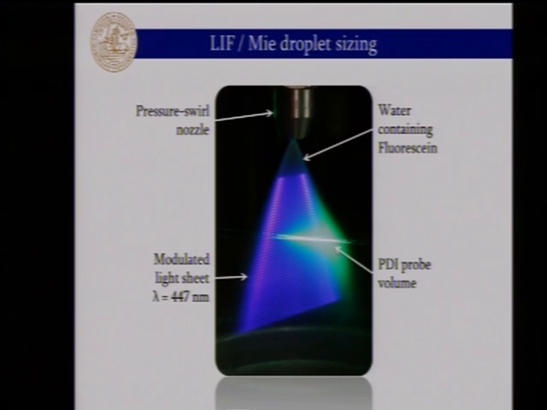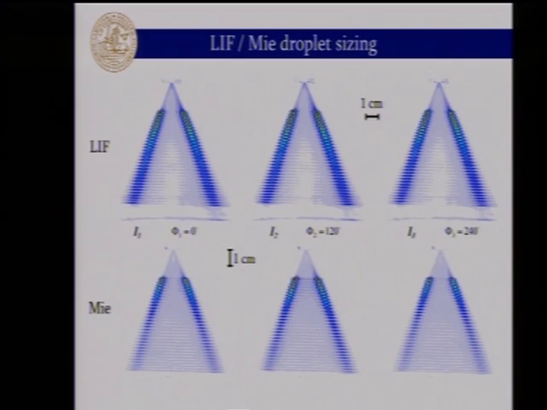So we did it. Here is a hollow cone water spray containing some fluorescein, with a PDA. We illuminate at 447 to excite the dye, and we get fluorescence in the green, yellow region. So now we've got the three images where we remove the line structures for the LIF, now the same for the Mie.